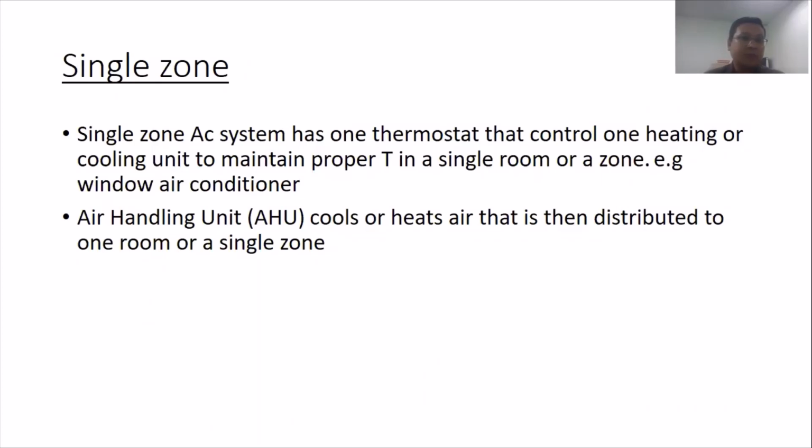For example, a window air conditioner. And then the second one, an air handling unit, cools or heats air that is then distributed to one room only, or a single zone. So for a single zone, we only set one condition.